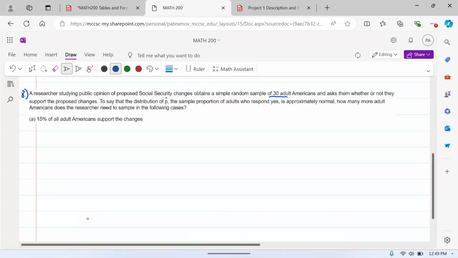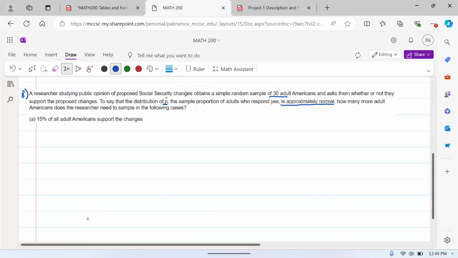To say that the distribution of p hat, the sample proportion of adults who respond yes, is approximately normal, how many more adult Americans does the researcher need to sample in the following cases? So we basically want to show that our p hat distribution is approximately normal.